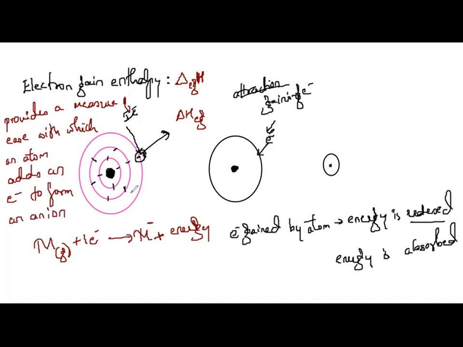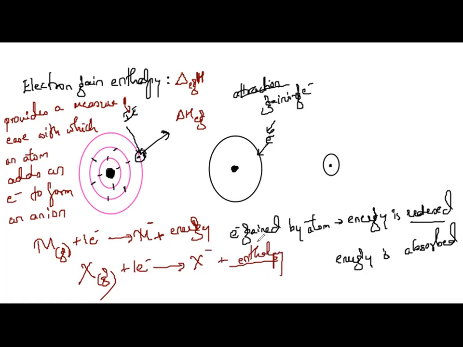If you want to represent it, X stands for my neutral gaseous atom. When it gains one electron, it will form an anion X minus, and whatever energy is released or absorbed, we say in terms of enthalpy.